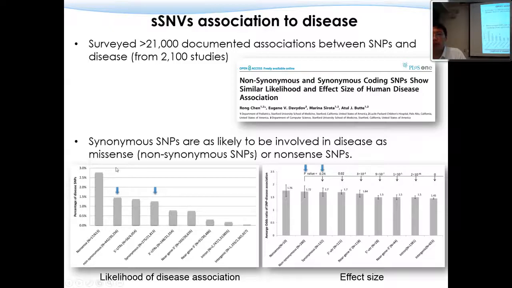What I want you to point out is that this column is the non-synonymous SNP, the SNP that we think could change the amino acid sequence and must be important, and this is the synonymous SNP. You can see they are at pretty much the same level. The likelihood of disease association is almost identical, and their effect sizes show no significant differences either.